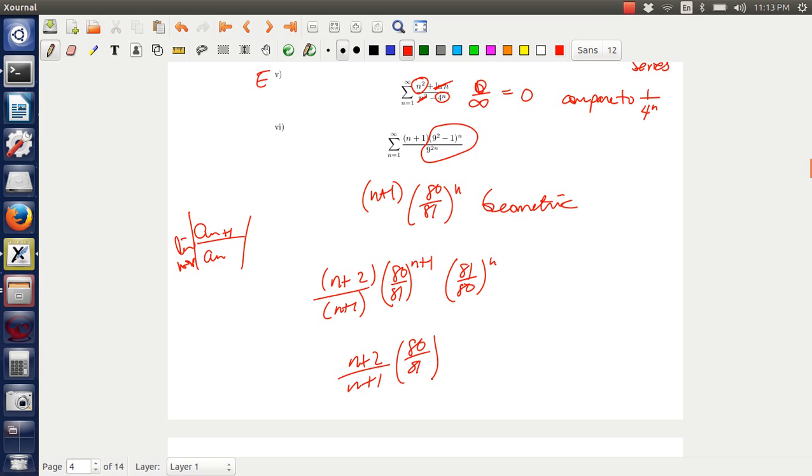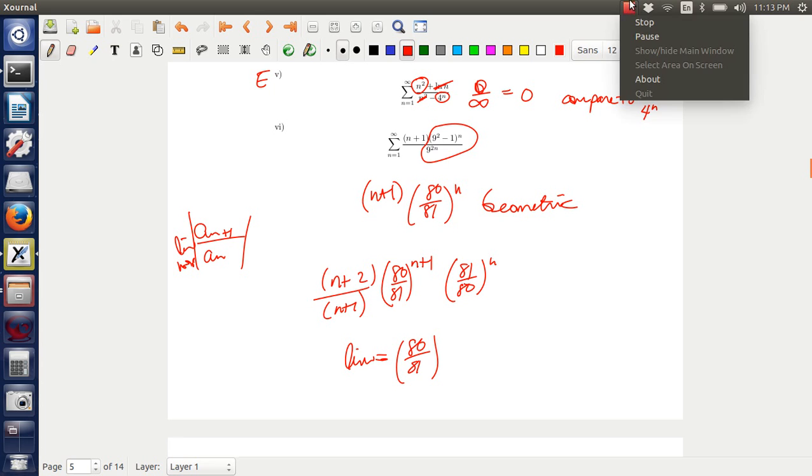It doesn't seem like a big deal, right? Because for n plus 2, I want you to imagine 10 billion plus 2, and the denominator is 10 billion plus 1. So it's really going to look like 1. As n goes to infinity, this guy just isn't important. The 80 over 81, however, you can still see that. So the limit is like 80 over 81.